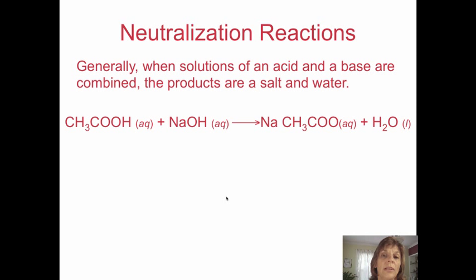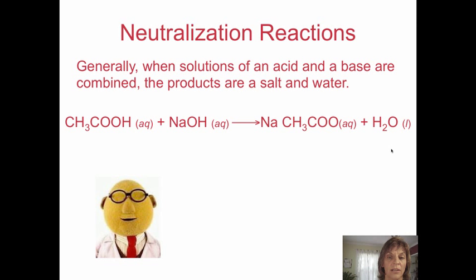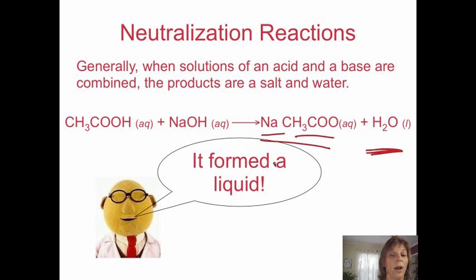So generally when you have an acid and a base, you form water from the hydrogen and hydroxide getting together, or the proton and the proton acceptor. And you've got a leftover salt, a leftover cation from the base and an anion from the acid. And the water is what causes this reaction to happen, the formation of a liquid that doesn't ionize.